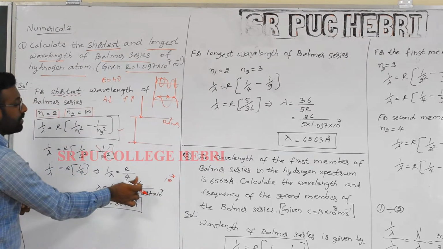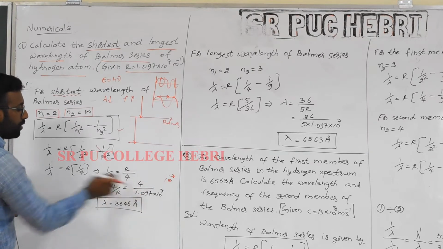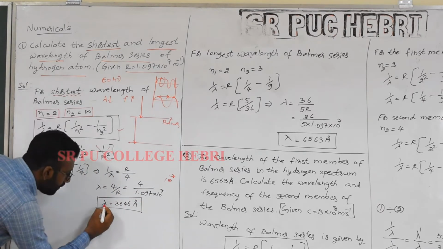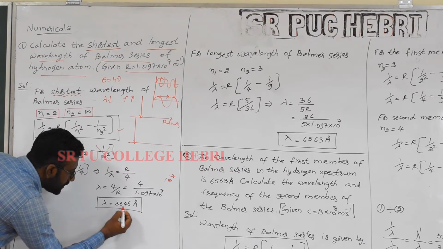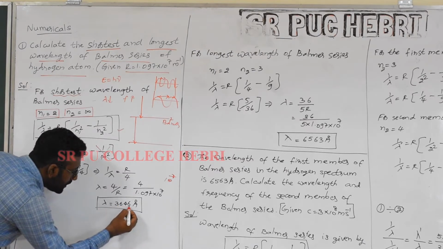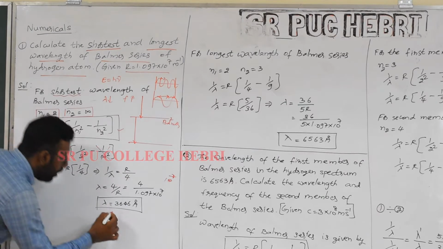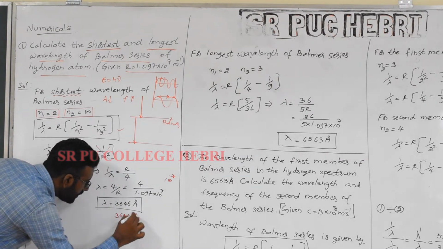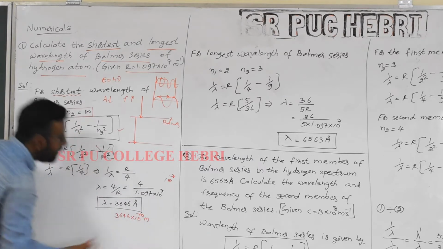Merge it with the value you get. Then lambda is equal to 3646 Angstrom, or 3646 into 10 to the power minus 10 meter.